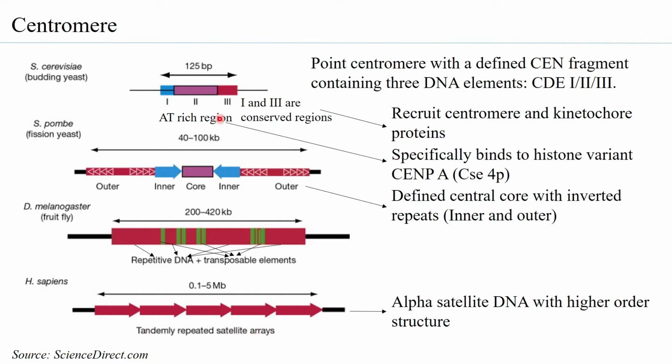So basically what we are looking at from all this is that the cent fragment, that is the DNA part of the centromere, contributes to the final architecture of the centromere, and obviously therefore the final function of the centromere.